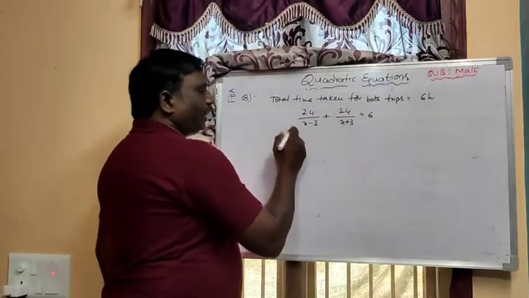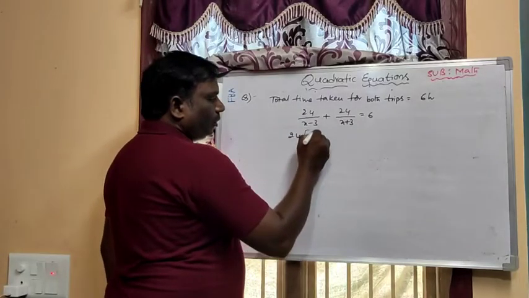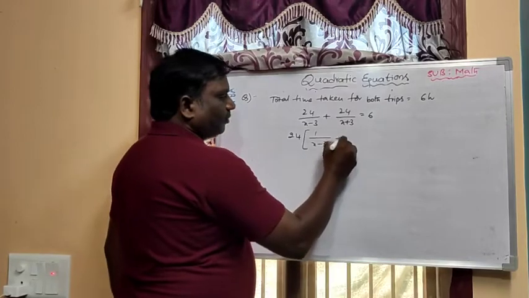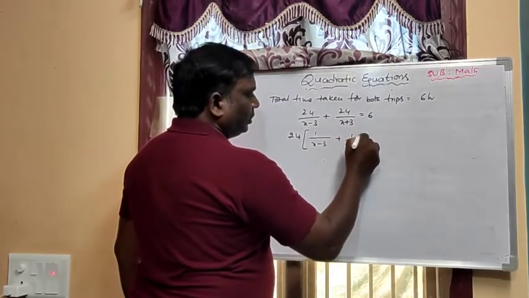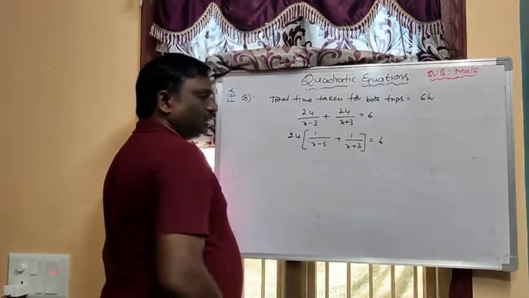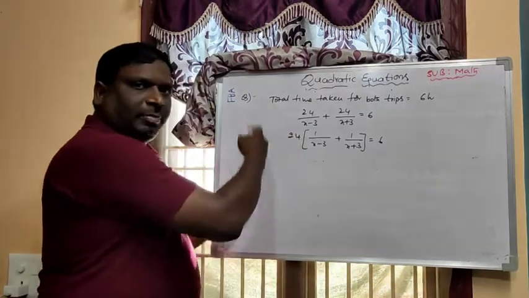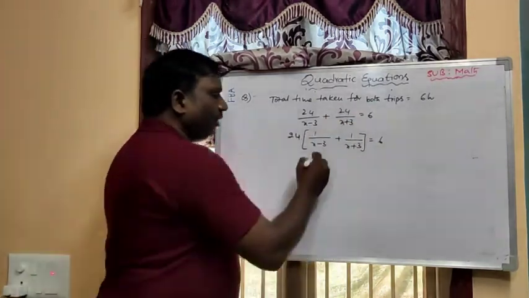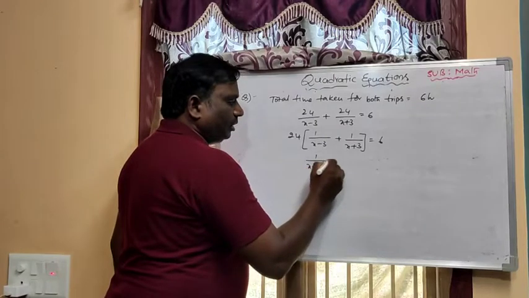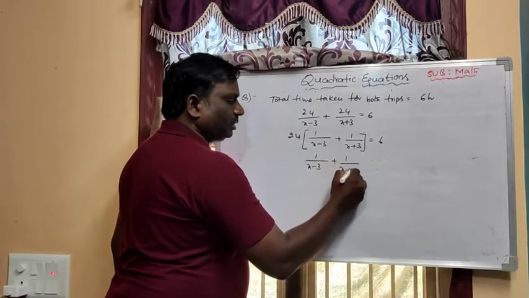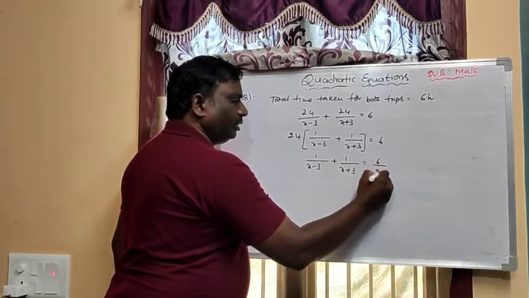Now you can take 24 common. 1 by x minus 3 plus 1 by x plus 3 equal to 6 by 24, since when you take 24 to the other side, it becomes divide.